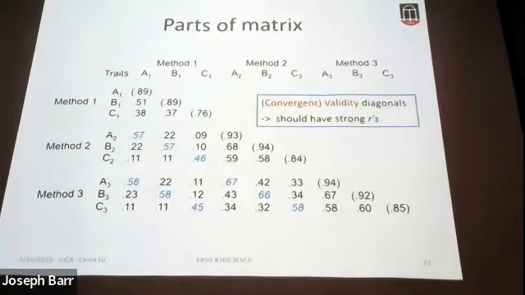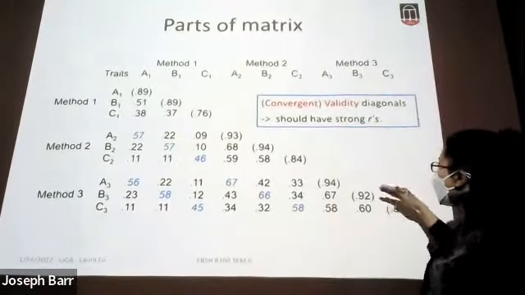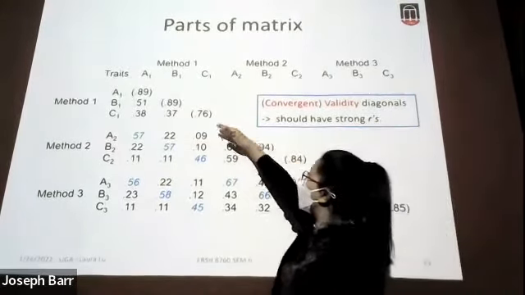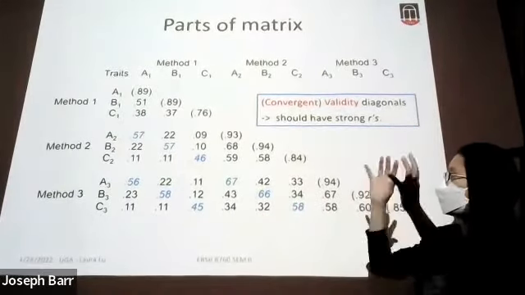By comparing with the reliability diagonals, you can see that those are always the largest. This should be the second largest group of numbers. They should be high because they measure convergent validity. Theoretically, these numbers should have very high correlation because they are measuring the same trait, although using different methods.